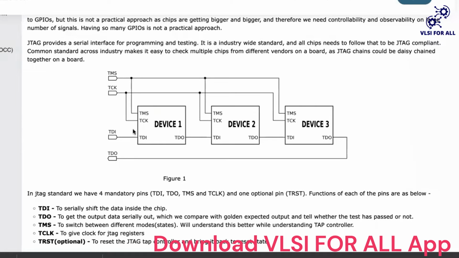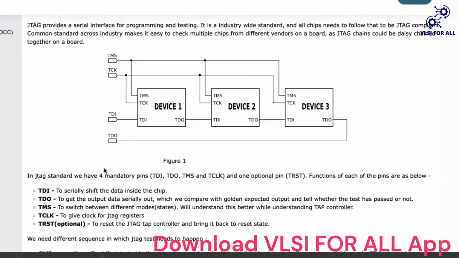Basically, at the very top level there will be only these two pins, TDI and TDO, and through TDI we will be serially shifting in the data because this is one shift register and this is a second shift register. You can connect these two shift registers together and there will be another shift register in device 3. You can connect all of them in a single chain and bring it out. That's the beauty of JTAG.